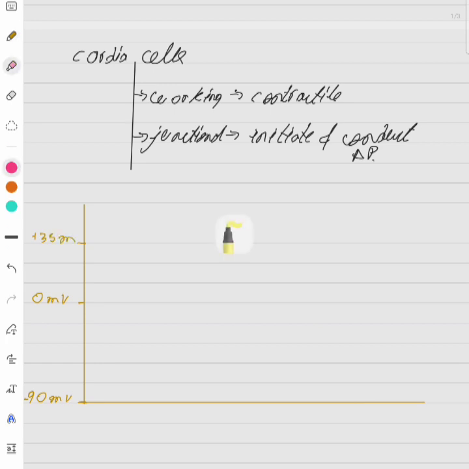So when the cell is in RMP, it is at around minus 90 millivolts. On being excited, the potential rises to plus 35 millivolts. Then it comes down, forms a plateau, and again falls down to the RMP or resting membrane potential of minus 90 millivolts.